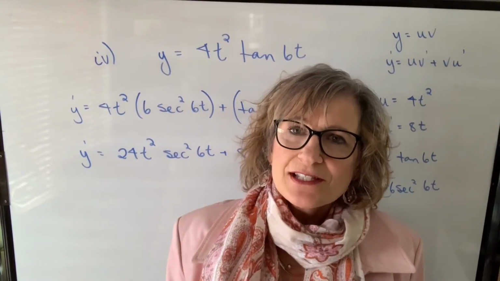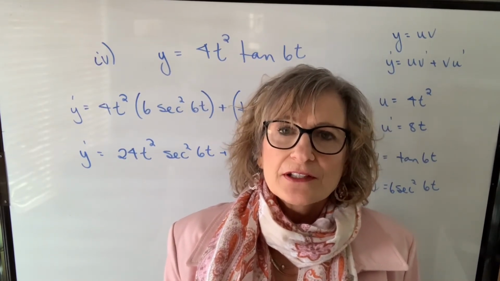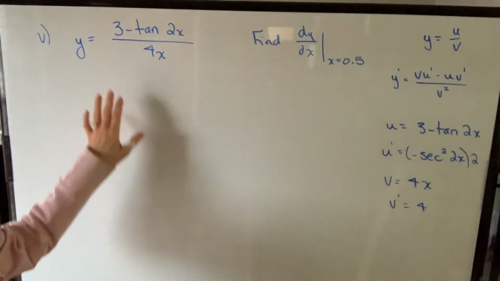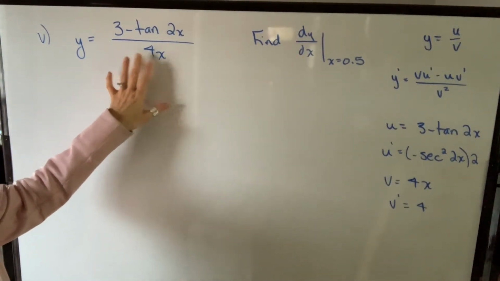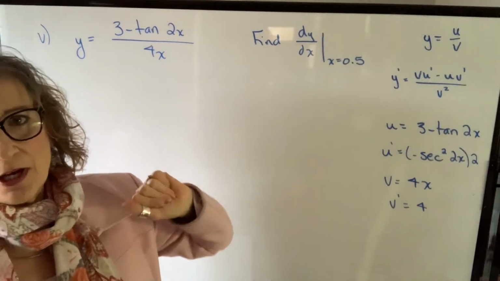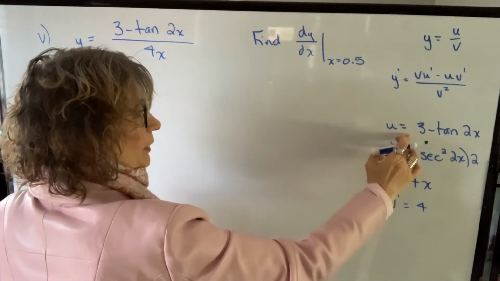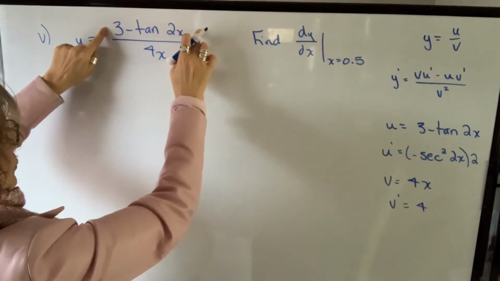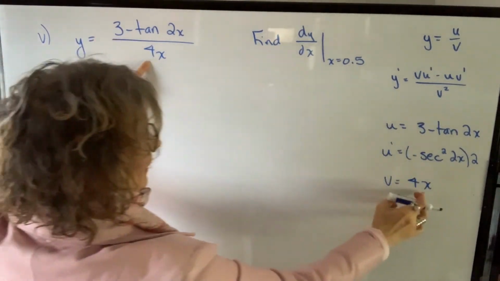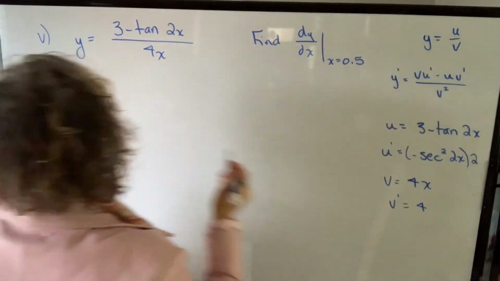Let's do one more example, and in this next example I want to evaluate the derivative at a specific value of our independent variable. In our last example we have a quotient, and we're asked to evaluate the derivative at x equals 0.5. So we're going to use the quotient rule. I've already outlined what u is, the numerator, and the derivative of that, v, and the denominator. Now I'm going to plug these values into the quotient rule.